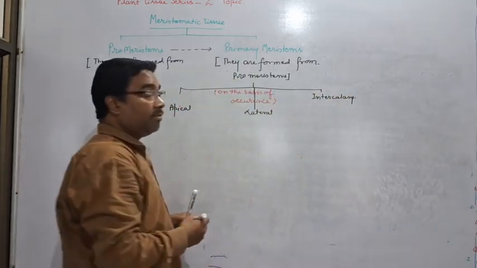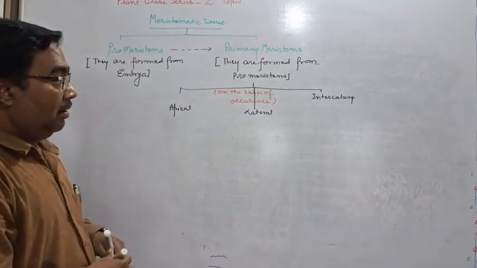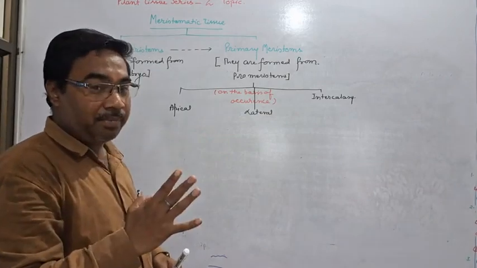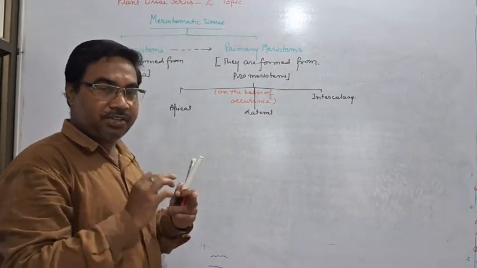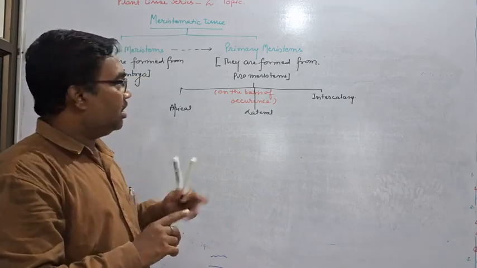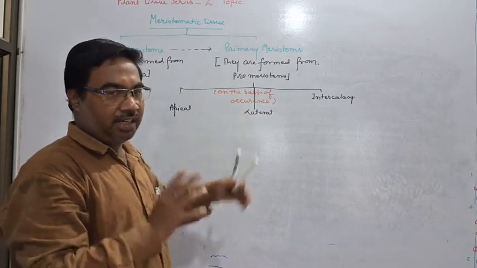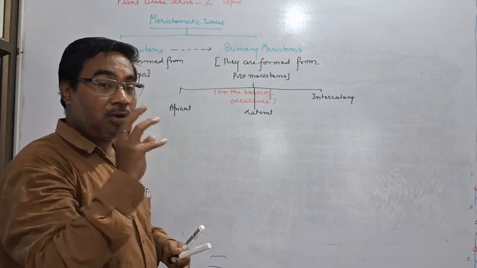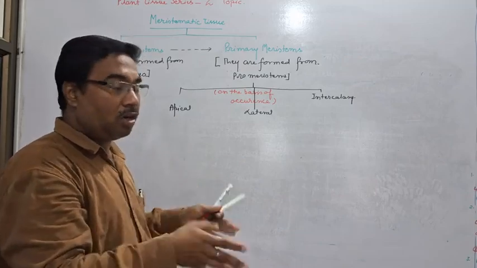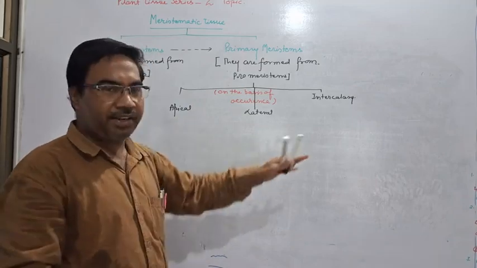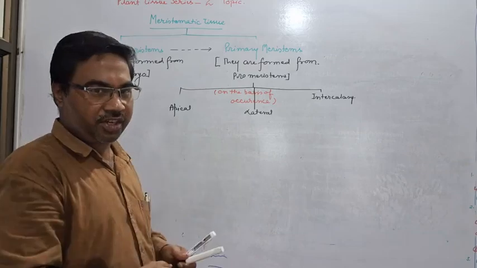For a student of class 9, they must remember the occurrence, the structure, and the function. Structure, what I taught you about the meristematic tissue, those are the common structures found in all kinds of meristematic tissue.